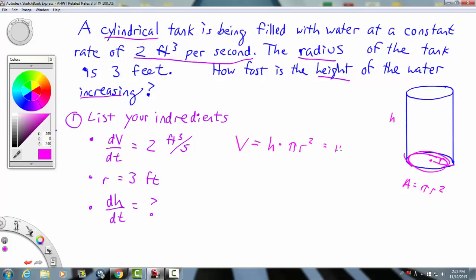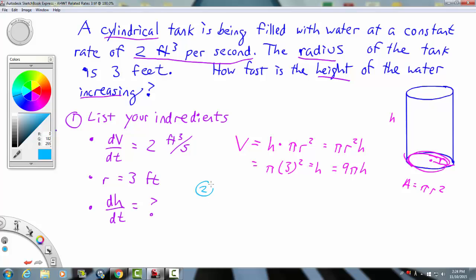Some people like to write it pi r squared h. It doesn't matter. But in our case, because we know r, it's going to be pi 3 squared h. So if you want to just write 9 pi h for now, that's fine. And that is pretty much all we know right now. That's all our ingredients.